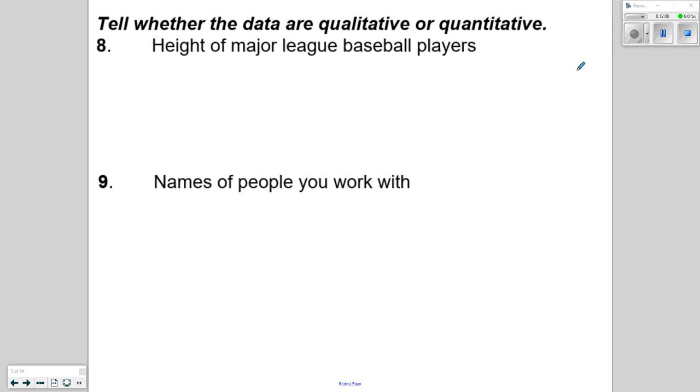All right, so height of Major League Baseball players. Okay, that would be quantitative, because we're actually measuring something. We're measuring how tall those baseball players are. That's a measurement. We use a ruler, yardstick, whatever, and we're actually measuring something there.